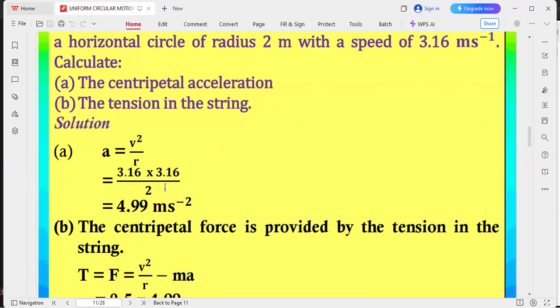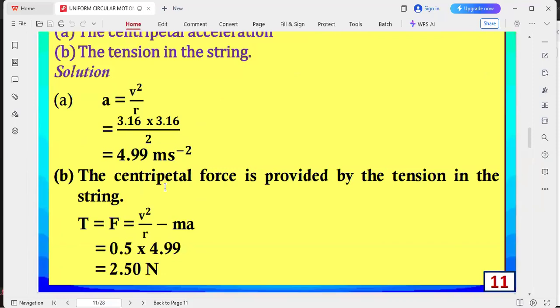We have centripetal acceleration, then we have, sorry, before we respond to the question, let me just clarify something here that seems not to be okay.